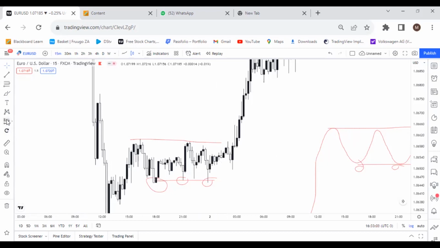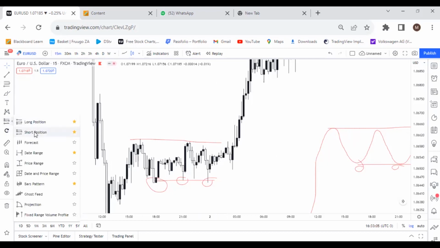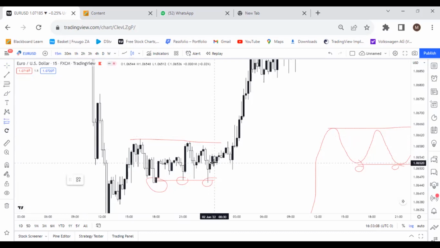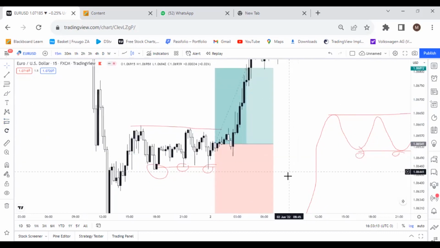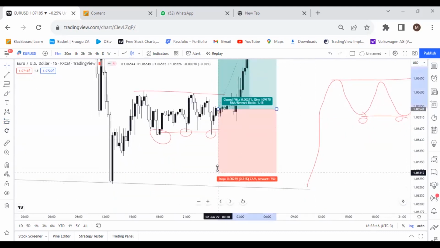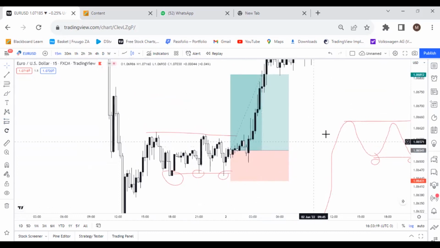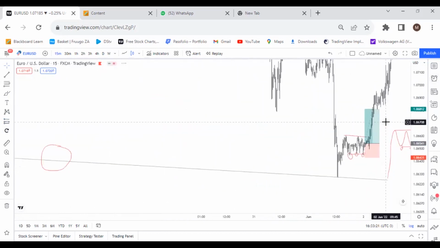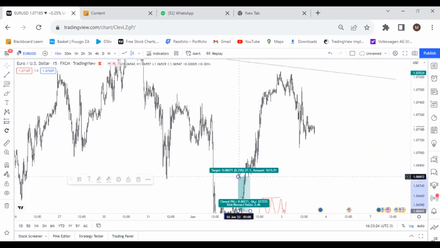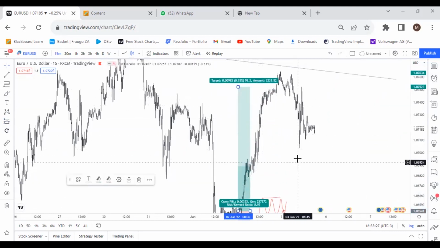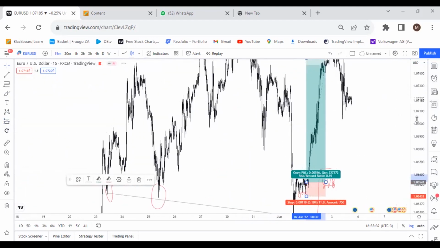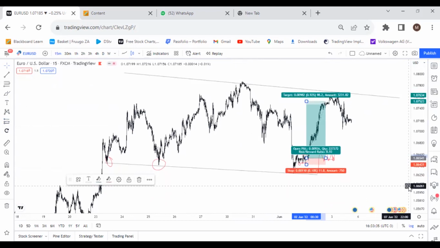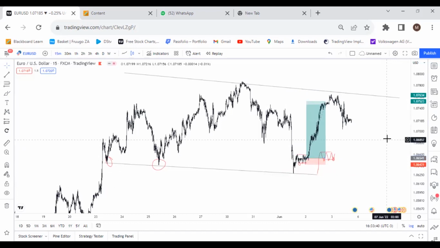You could have bought in right here, minimizing your stop loss as you like, and the price just went up after that scenario. So I'm basically explaining the same thing from the big structures and big time frames and what happens in the small time frames. It's just a repetition.